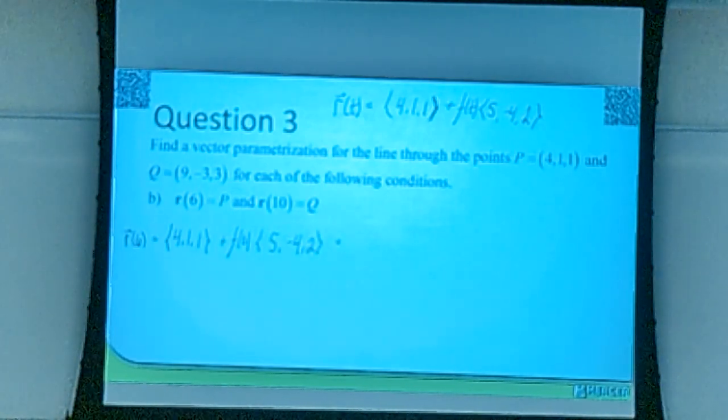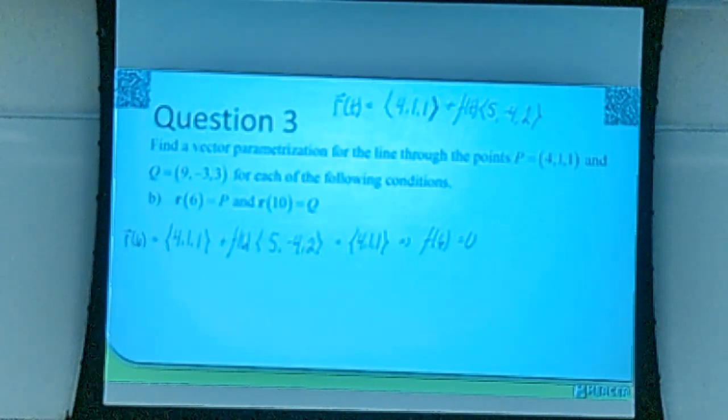That has to equal P, which if you write it out as a vector, <4, 1, 1>. So I'm sorry, that should not be f of 0, it should be f of 6. F of 6 has to be 0.